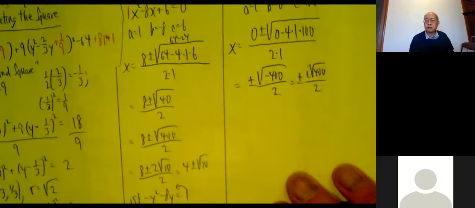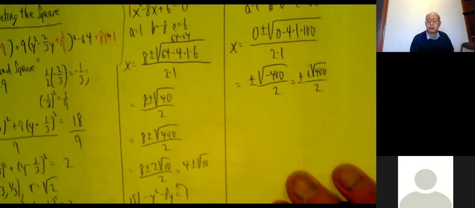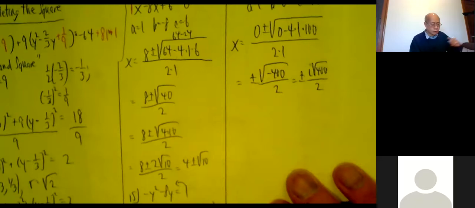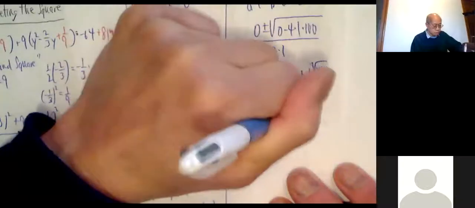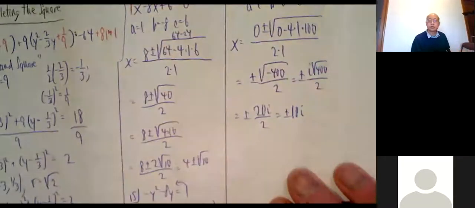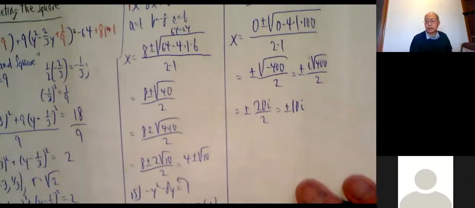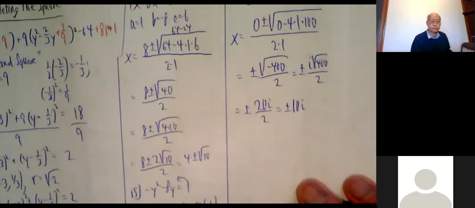Square root of 400 is a nice number, right? What's the square root of 400? You could use a calculator. It's 20, right? 20i divided by 2 is plus or minus 10i. So the answer is plus or minus 10i.